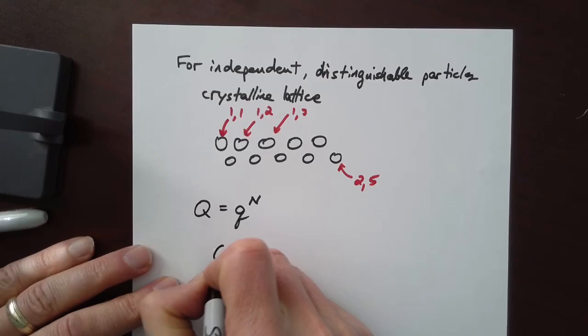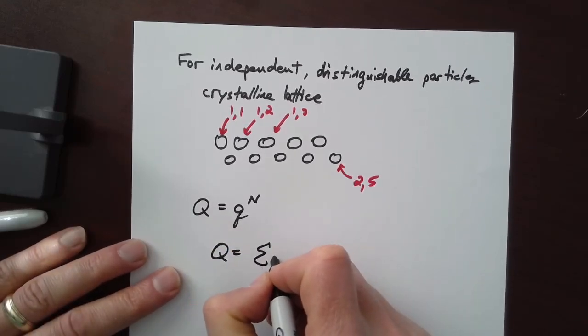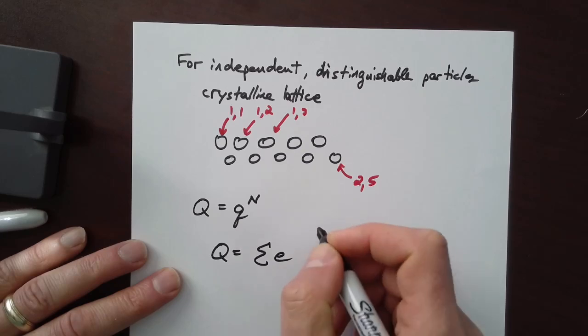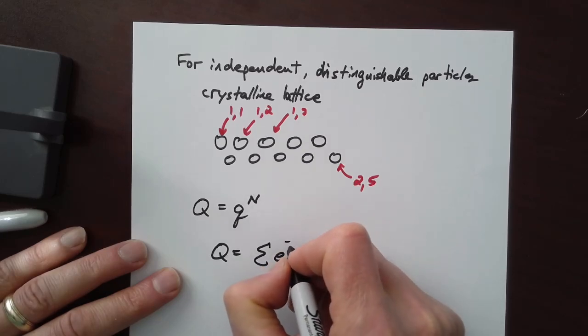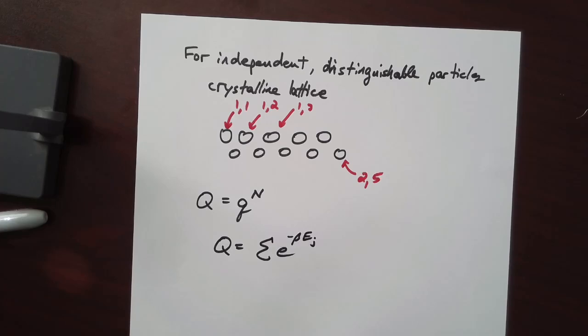Let's go back to that. Q is the summation of e to the minus beta E_J, where capital E_J is the system energy.